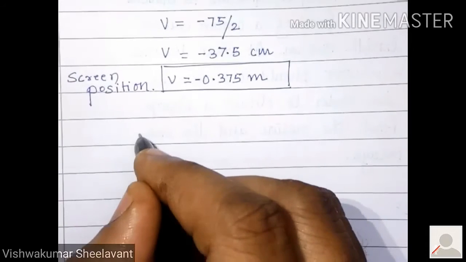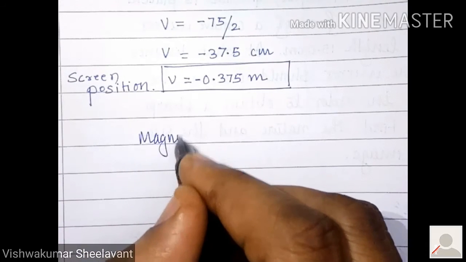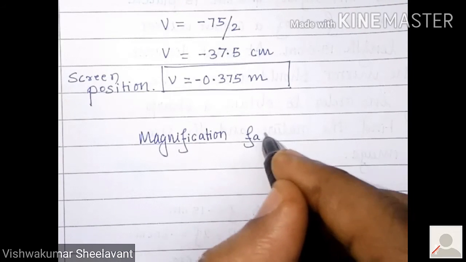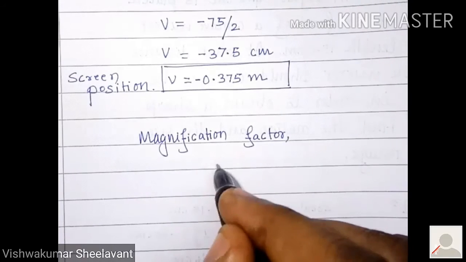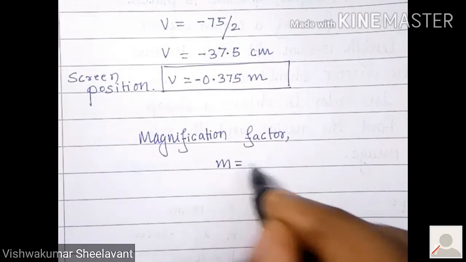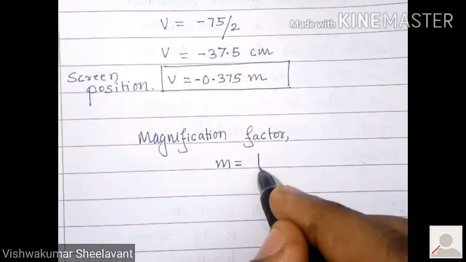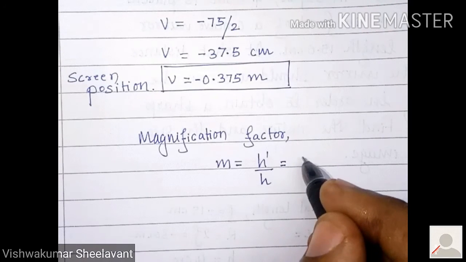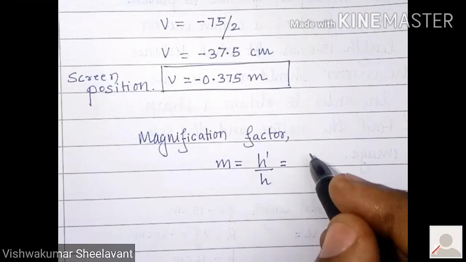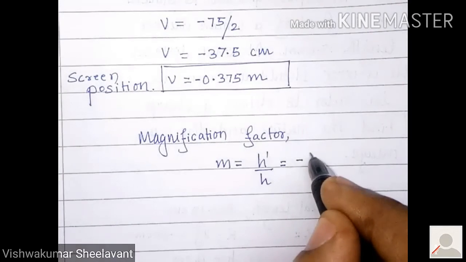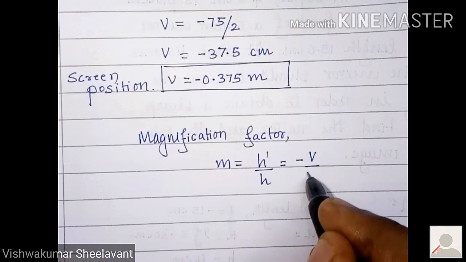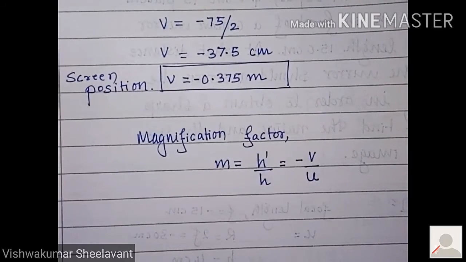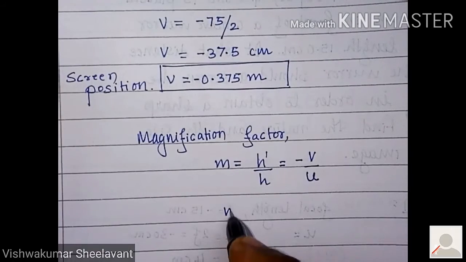Next, magnification factor m equal to h dash upon h, that is equal to minus v upon u. So what will be magnification factor?